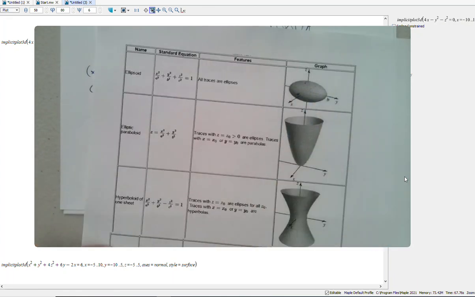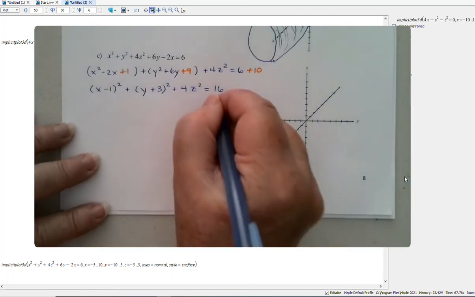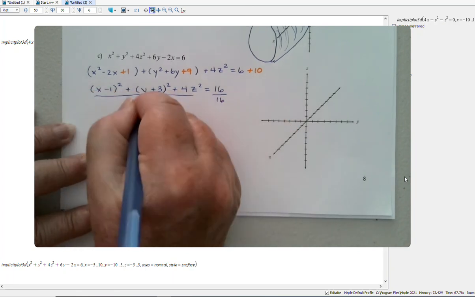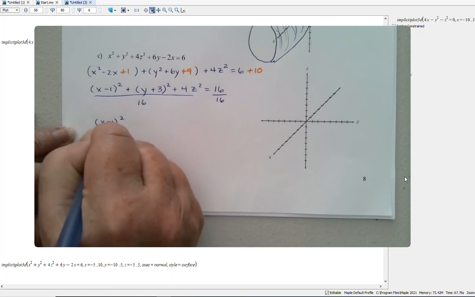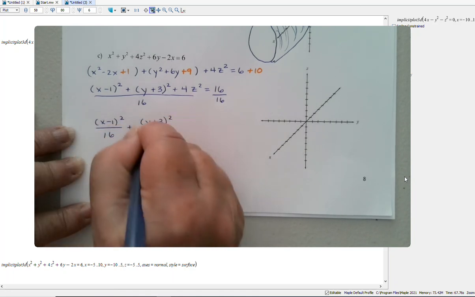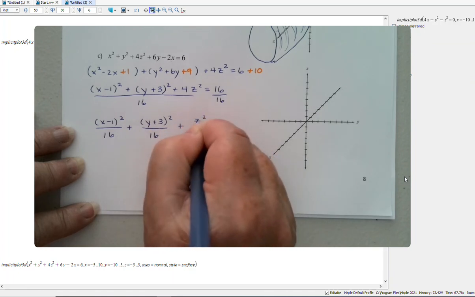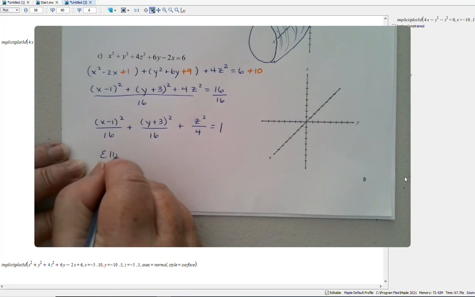Which will be sort of this egg-shaped thing. So I am going to go ahead and divide everything by 16, both sides. And I have an ellipsoid.